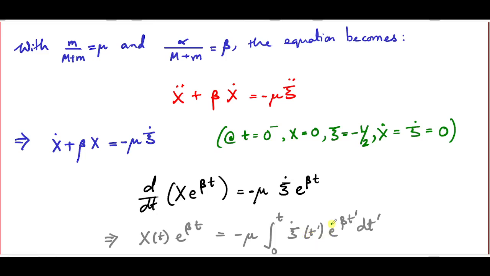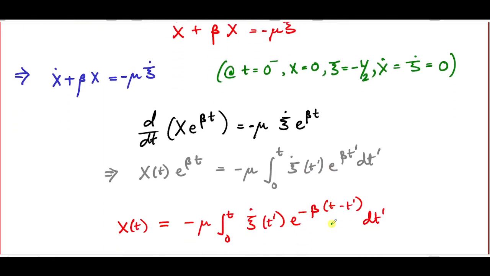And with this, we can write down a complete solution of our problem in terms of xi. Capital X of t works out to minus mu integral from 0 to t of xi dot t prime e to the minus beta (t minus t prime) dt prime.